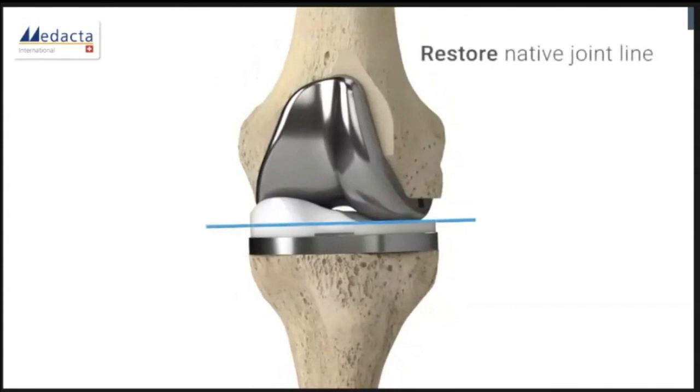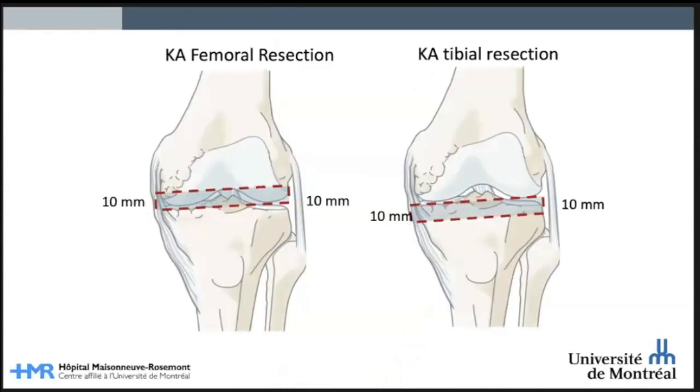As you can see here, we maintain the native joint line orientation and will favor a more normal knee kinematic.